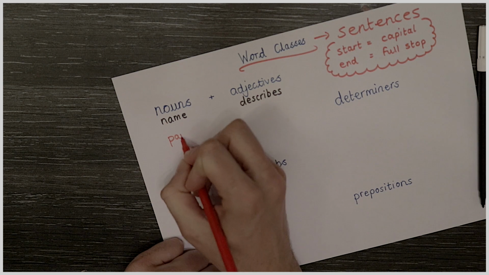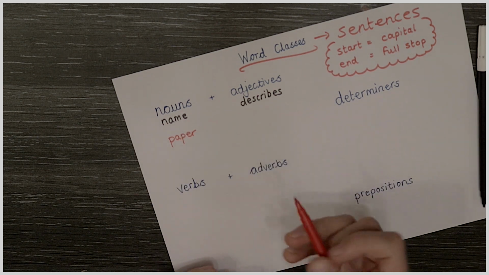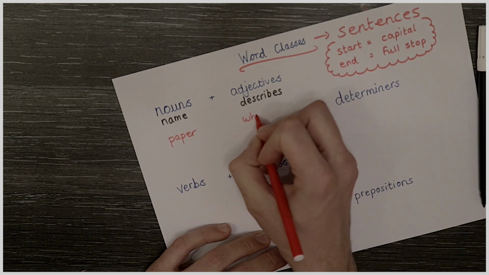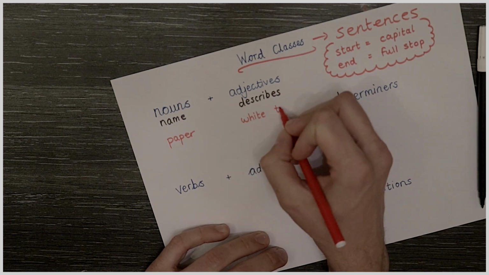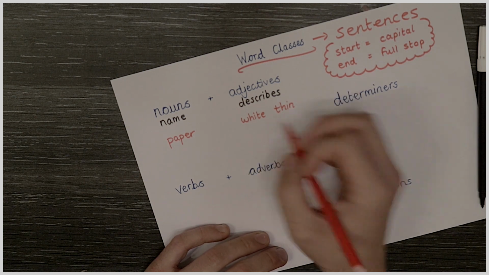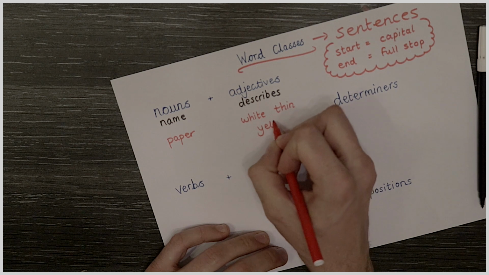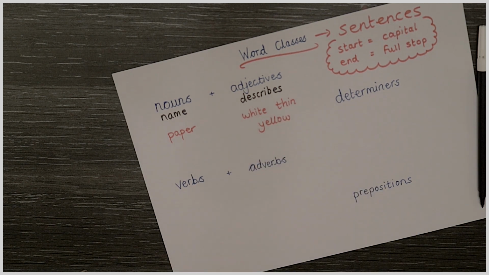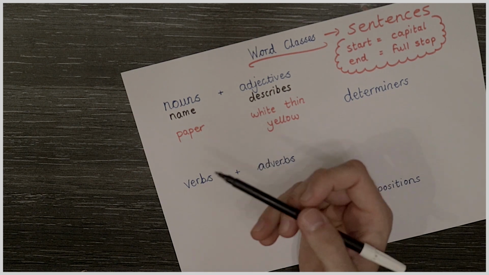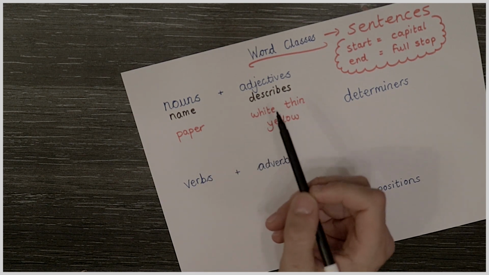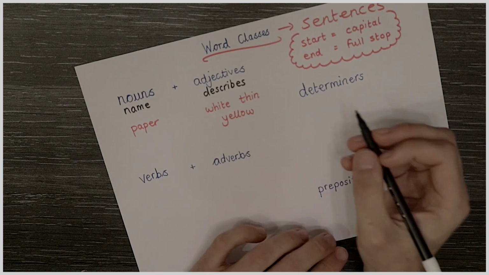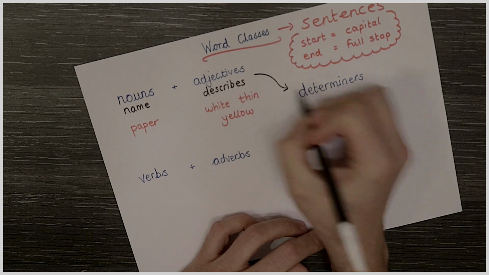And the adjective then will obviously describe the paper. So we could say the paper is white, we could say that the paper is thin, we could say that the paper is, I don't know, yellow, it could be whatever. The paper is not yellow, but we could have yellow paper. And in a sentence, you could use them together. So you could say yellow paper or white paper, and generally you would use these with a determiner.